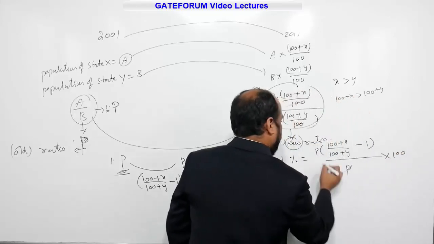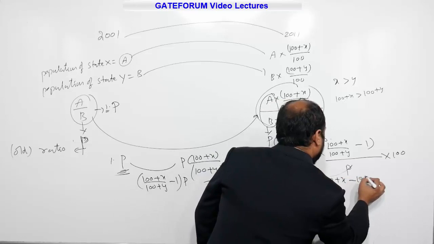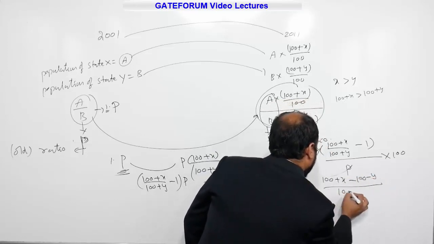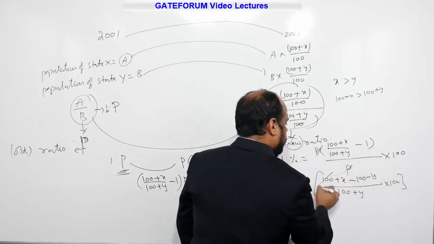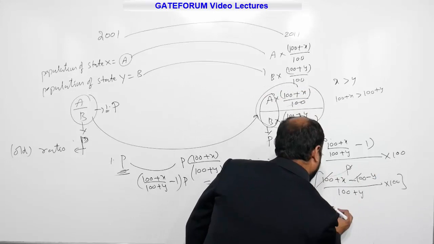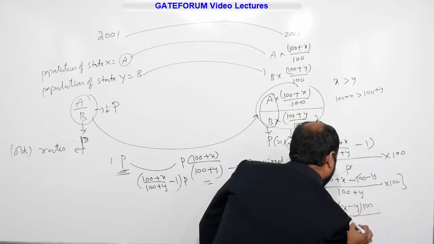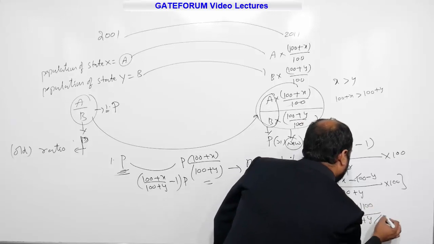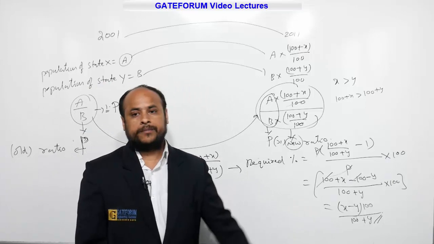Here P gets cancelled. Now find the LCM: 100 plus X minus 100 minus Y, whole divided by 100 plus Y into 100. The 100 minus 100 cancels, giving X minus Y into 100. Finally our solution is X minus Y into 100 divided by 100 plus Y. This is the right answer, so from the options, the right option is C.